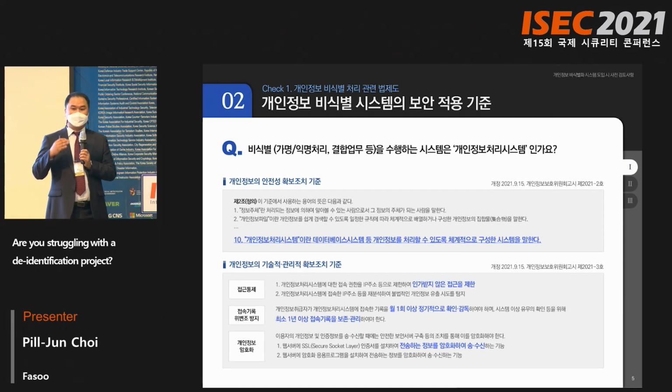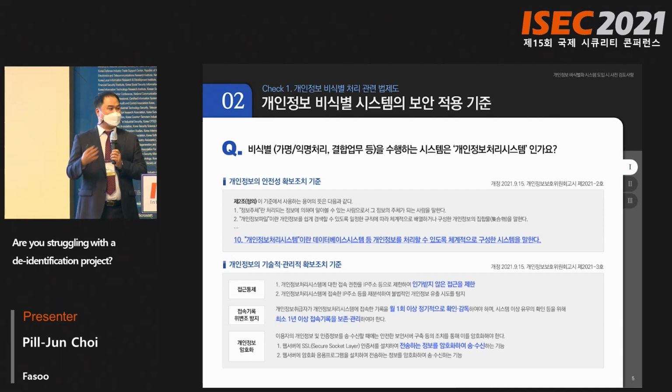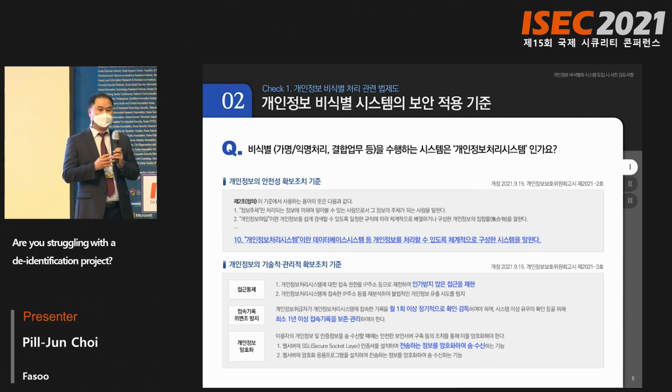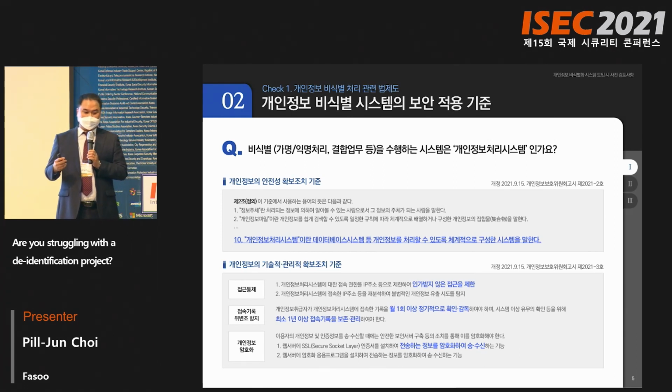And next, I'm going to talk about the standards for introducing a personal information de-identification system. When you introduce a new system for de-identification, personal information protection products and processing products need to be reviewed in line with the privacy laws.